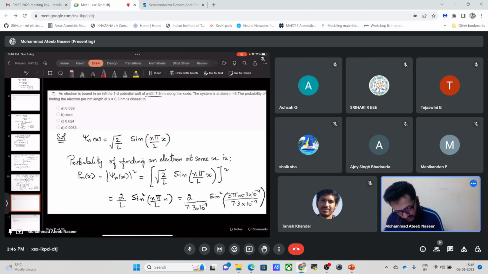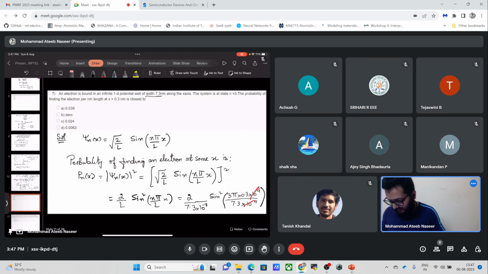So let's calculate the value for this thing, sine square of 3 pi into 0.3 pi over 7.3.